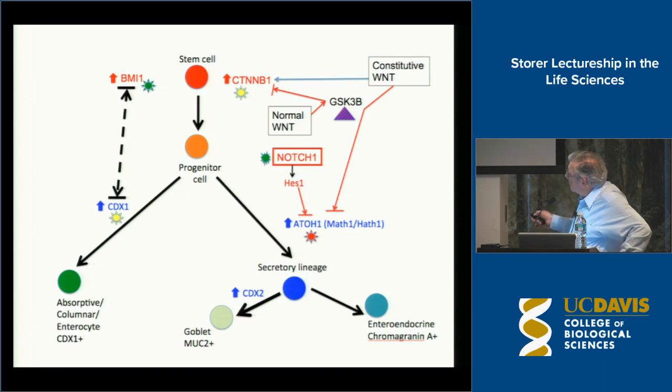You've got a bifurcation of the differentiation of the progenitor cells into the columnar epithelial cells, which is controlled by CDX1, and into secretory lineages, which include the enteroendocrine cells and the goblet cells, where the main control seems to be by CDX2. That's work that others have done, which we're looking into. And there's an involvement of Notch in this, because when you activate Notch, you actually prevent this process of differentiation.